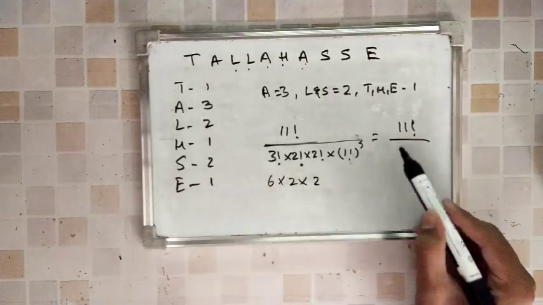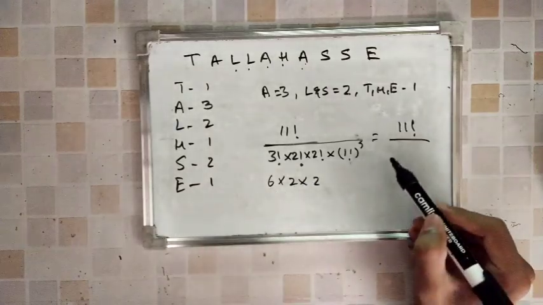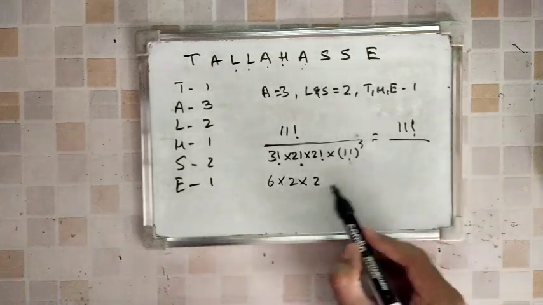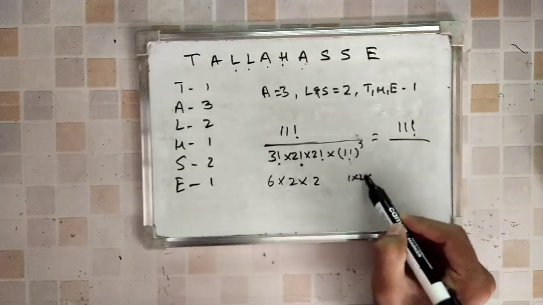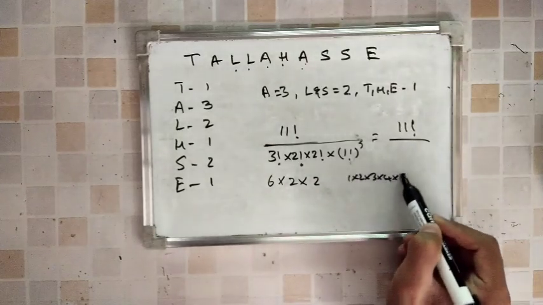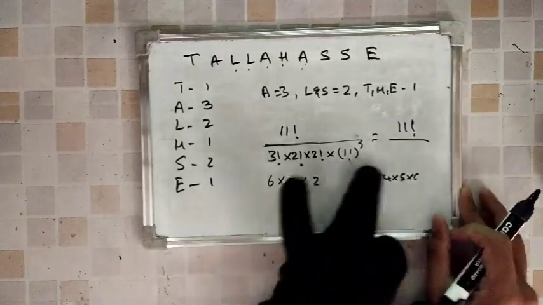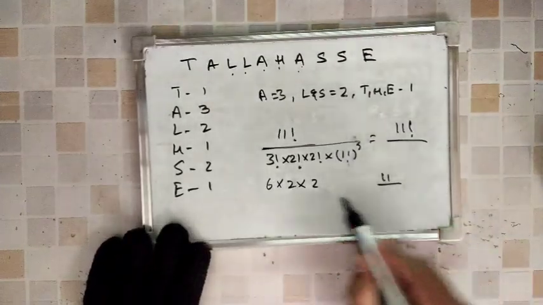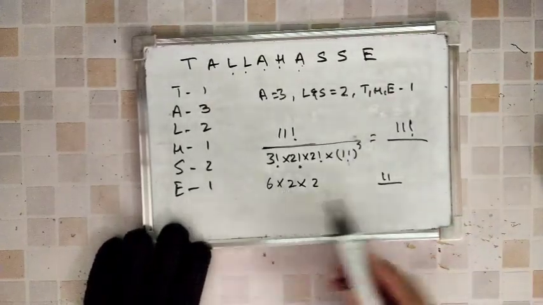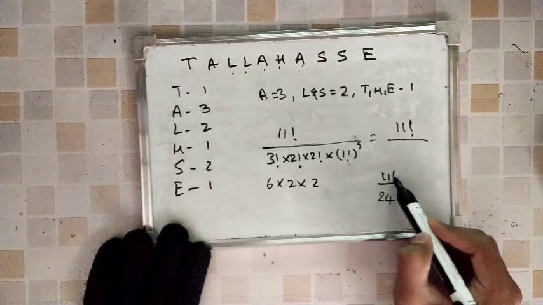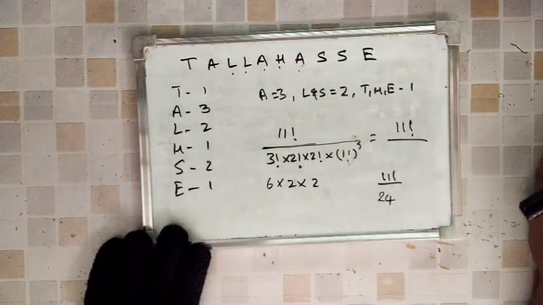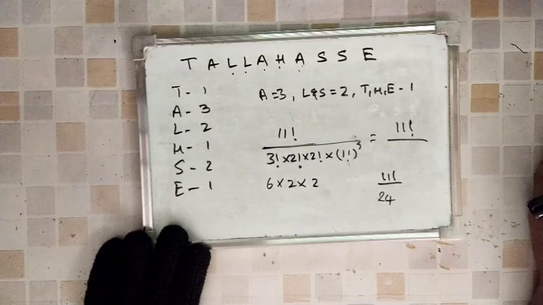So it is 11 factorial divided by 6 into 2 into 2, that is 24. 11 factorial divided by 24. You will get some value. That will be your number of ways you can arrange this.